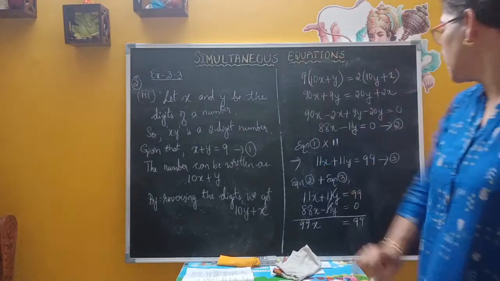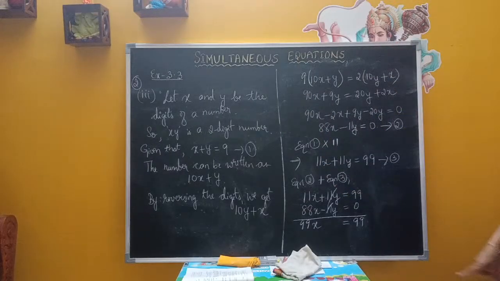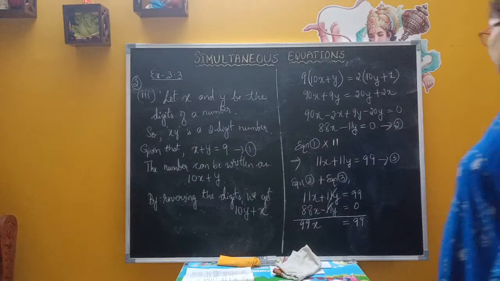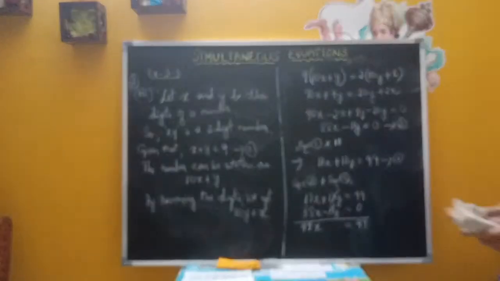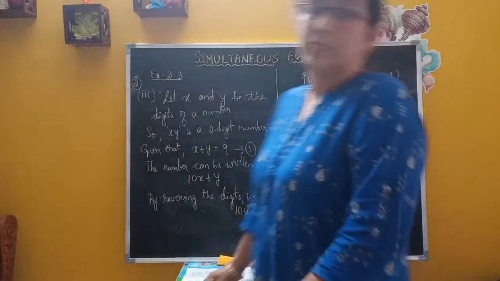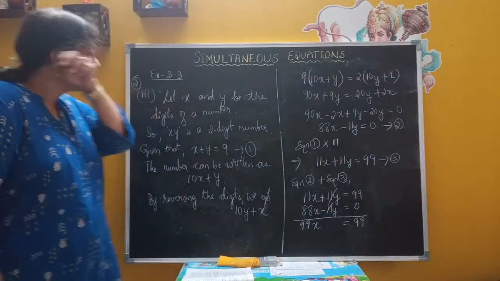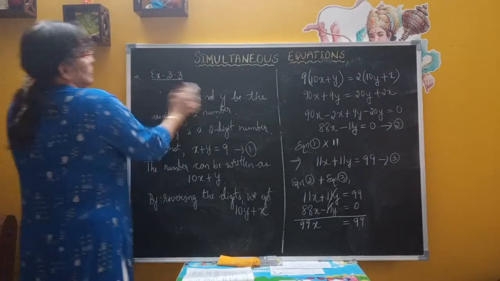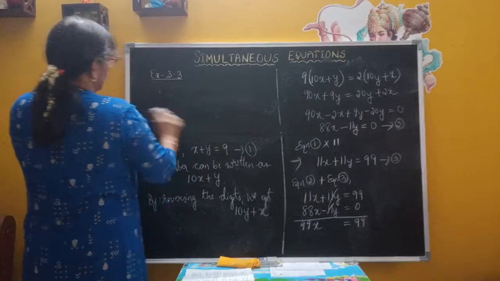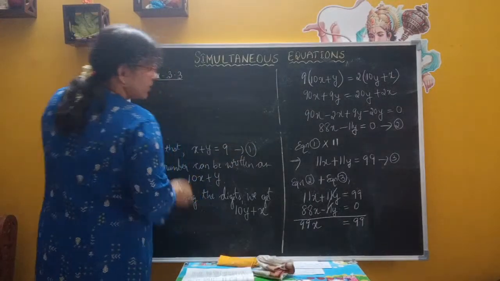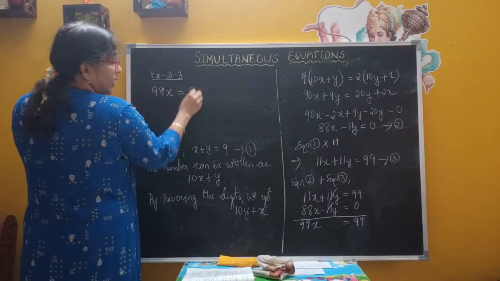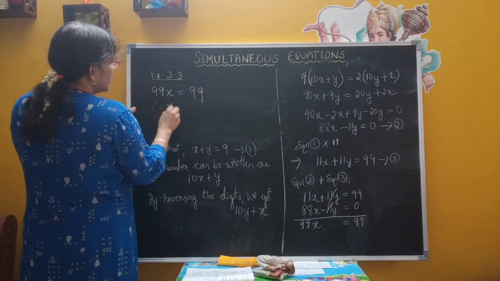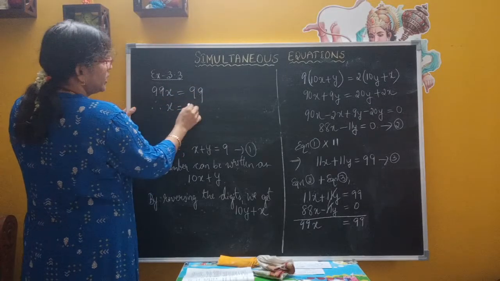What is the value of x? x is equal to 99 by 99, which is equal to 1.